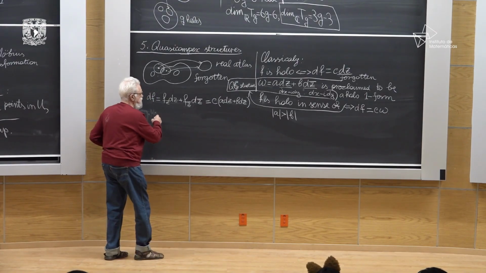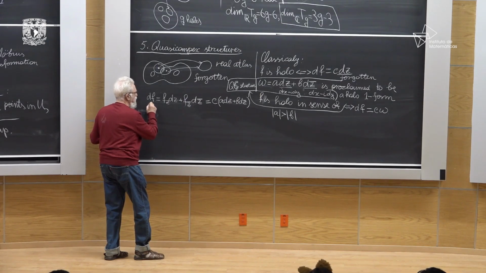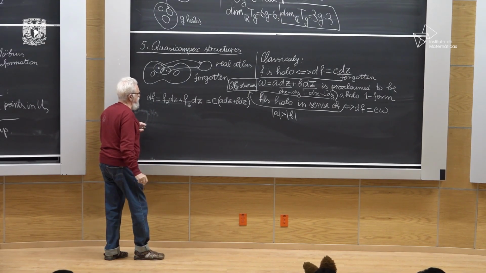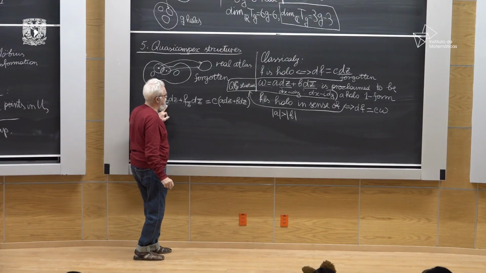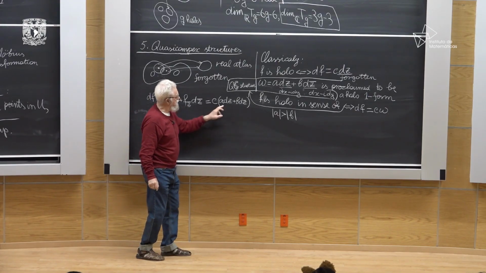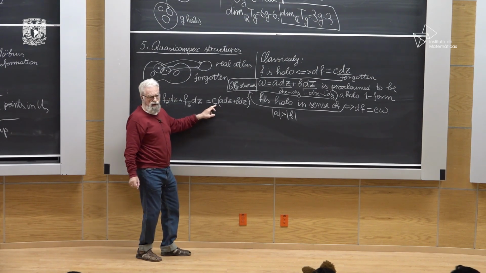And we then get a so-called Beltrami equation. The ratio of these two partial derivatives is the same as of B and A. C is vanishing.